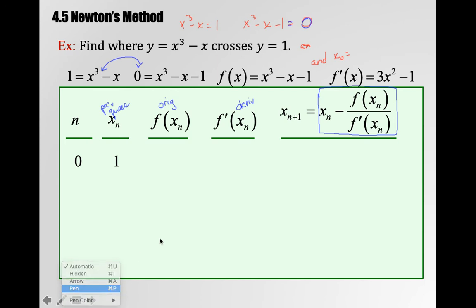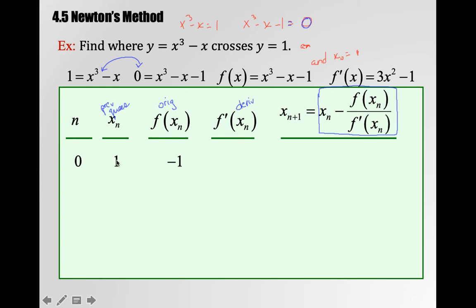I'm going to give you your first guess is 1. So first, plug 1 into the function. 1 cubed minus 1 minus 1.